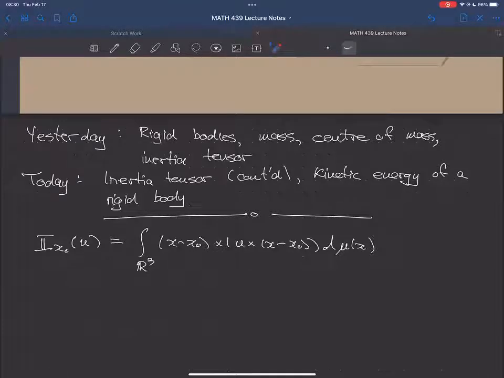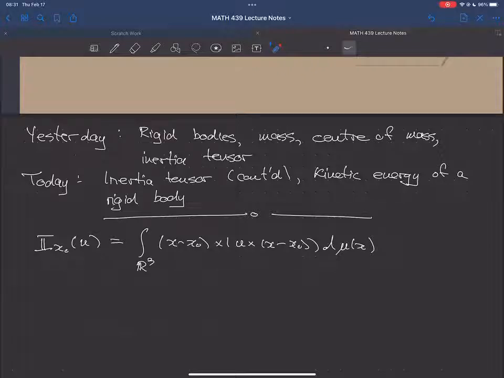All right, and so you should think of this as being a linear function of u, which it is, and the integral here is done with respect to the variable x and the mass distribution mu. Okay.